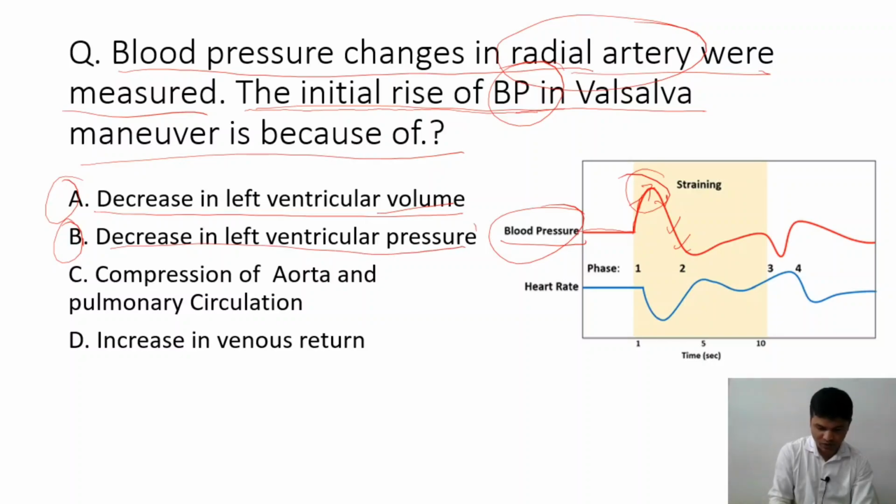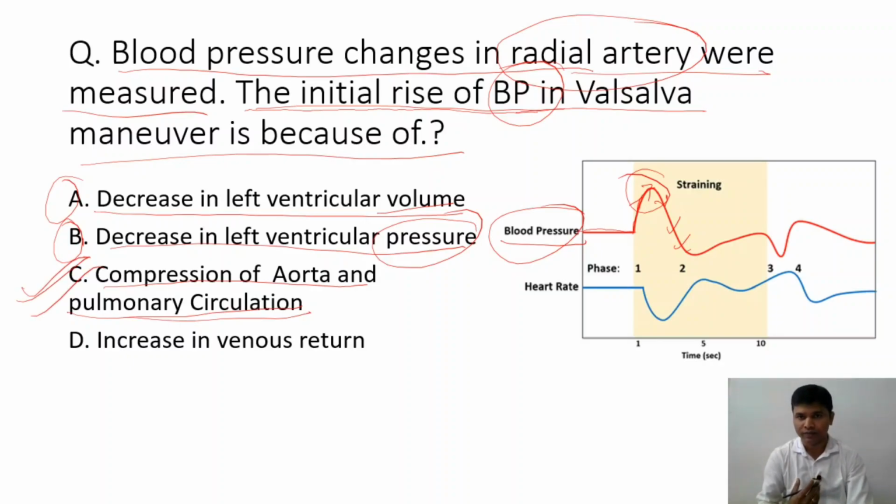Decrease in left ventricular pressure? No, pressure will also increase because the blood volume will increase. Compression of the aorta and pulmonary circulation? Yes, compression of the aorta will be there because you are compressing. Pressure will increase. Obviously, this is going to be your answer, compression of the aorta, because intrathoracic pressure is going to increase.